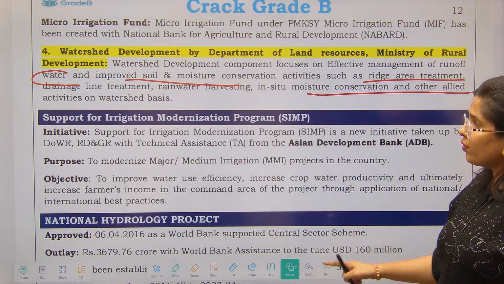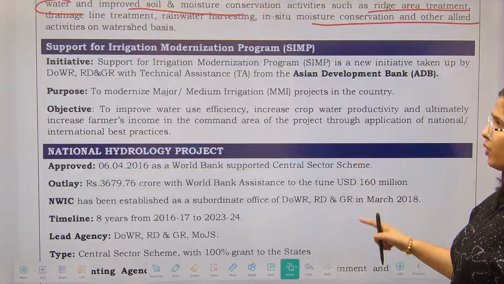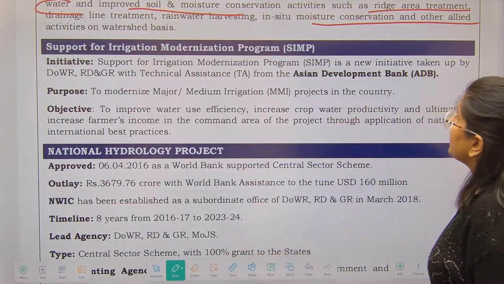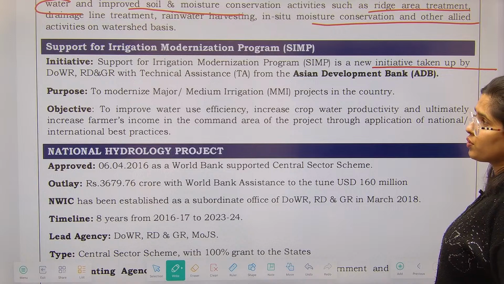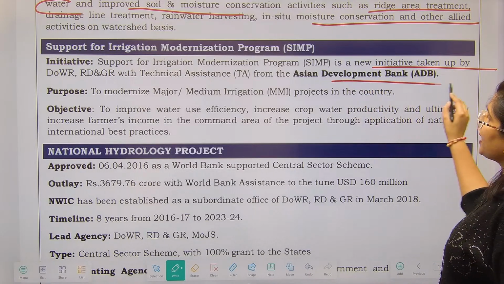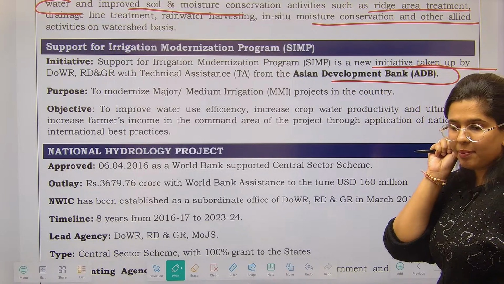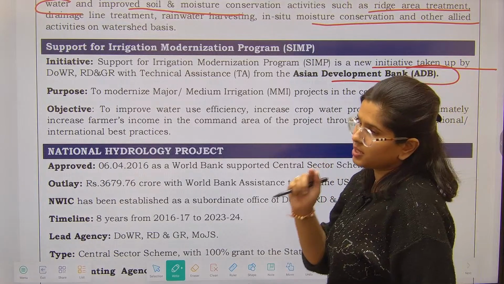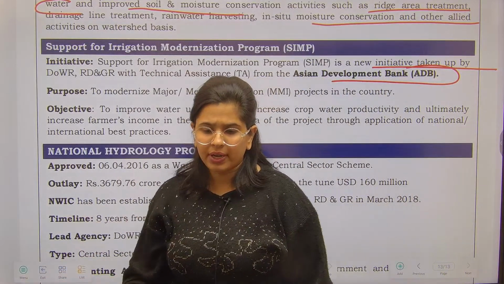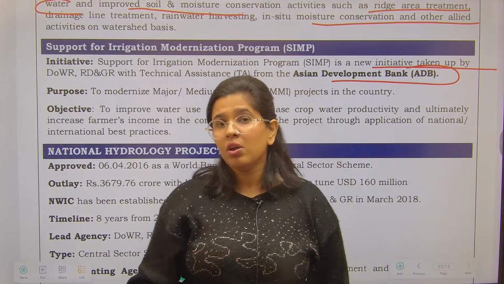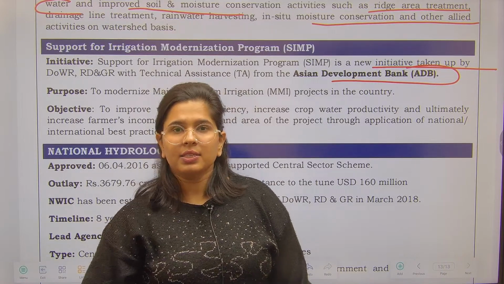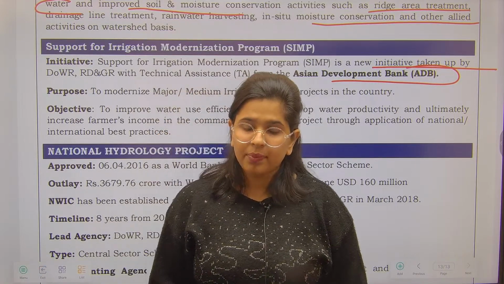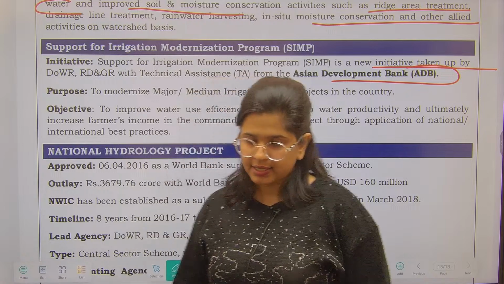Now next is support for the irrigation modernization program. This is a new initiative taken up by the Department of Water Resources with technical assistance from the Asian Development Bank. Please remember, wherever there is international assistance for any particular scheme component, that becomes very important for you, because आपको याद रखना है कि ठीक है इस scheme के लिए this particular institution is providing the assistance, right?